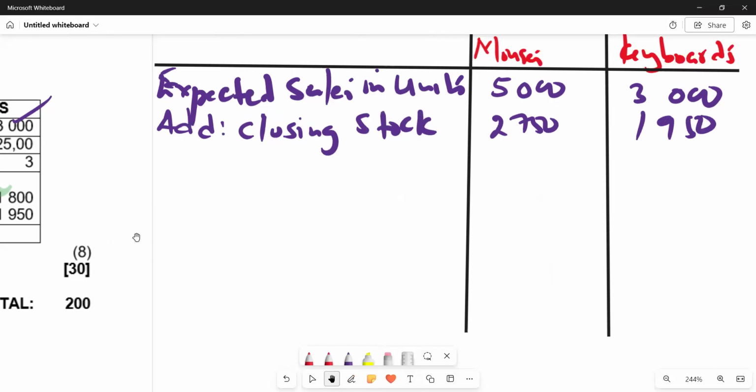Then we add the two. Remember, we're adding closing stock.